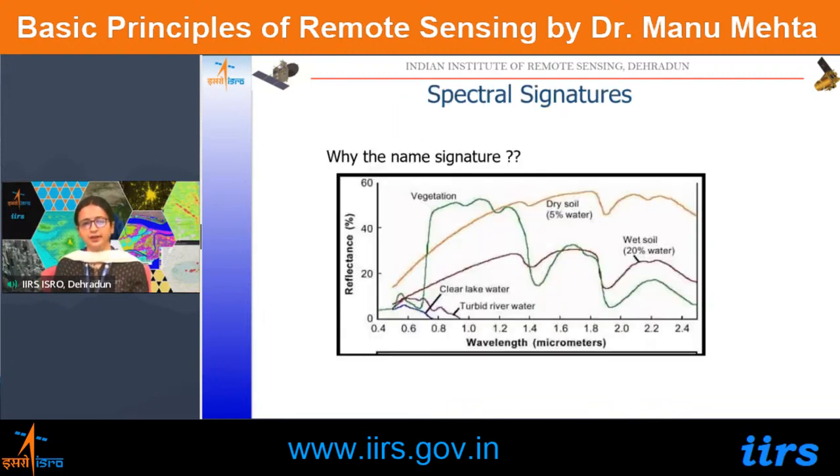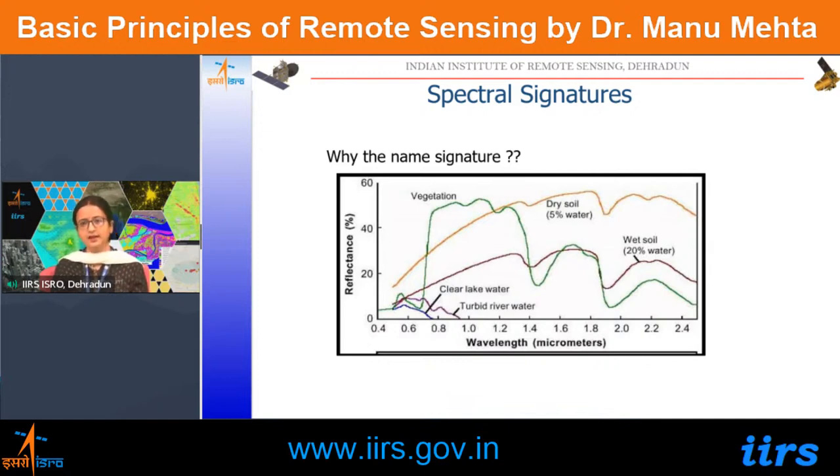Now coming to another topic, which is very much of interest to you for all the interpretation classes and further analysis classes: spectral signatures. As the name suggests, it is a unique identification for the feature. In optical remote sensing, it is given by the variability of spectral reflectance with respect to wavelength.